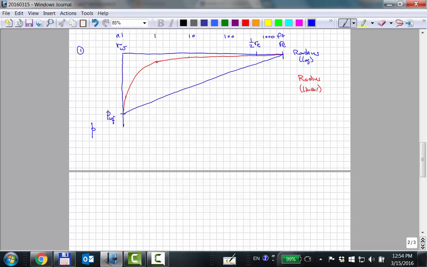But it ends up that if you take this pressure here and you do all the integration, you'll find that the average reservoir pressure volumetrically is approximately equal to the pressure at a radius equal to 1/2 RE. That's what you'll find.